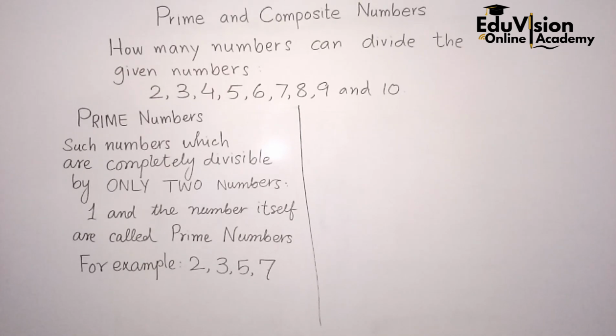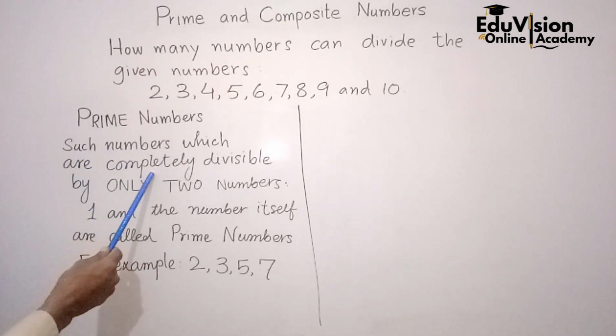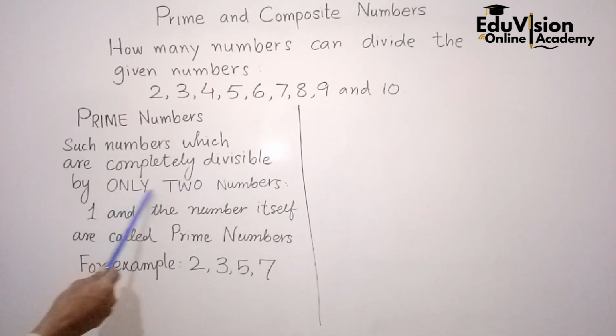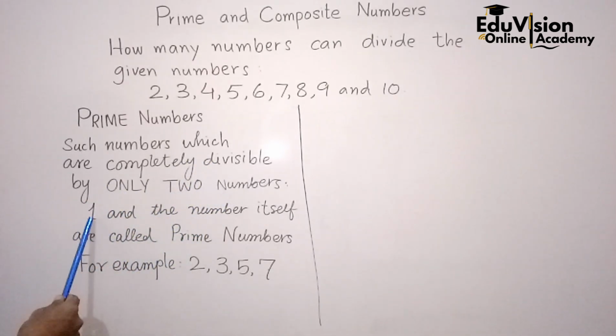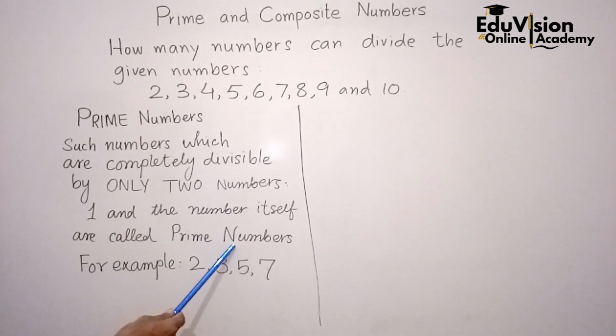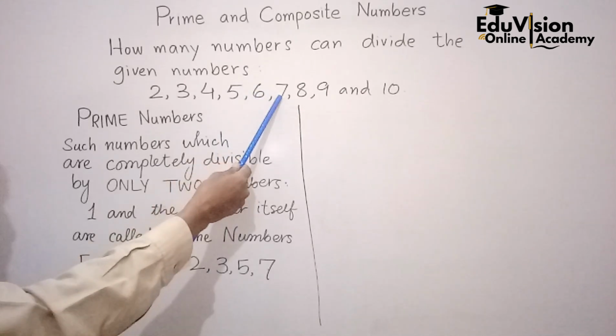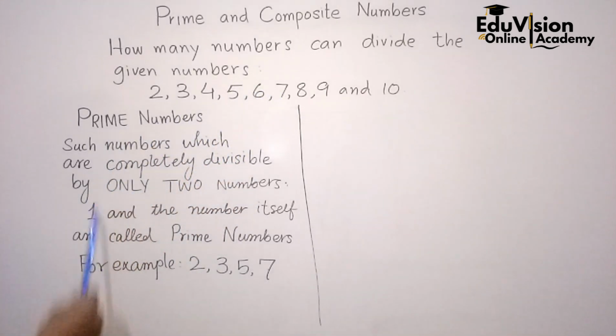So what is the definition of prime numbers? Such numbers which are completely divisible by only two numbers, that is 1 and the number itself, are called prime numbers. For example, 2, 3, 5, 7 are prime numbers. Here 2, 3, 5 and 7 are prime numbers.